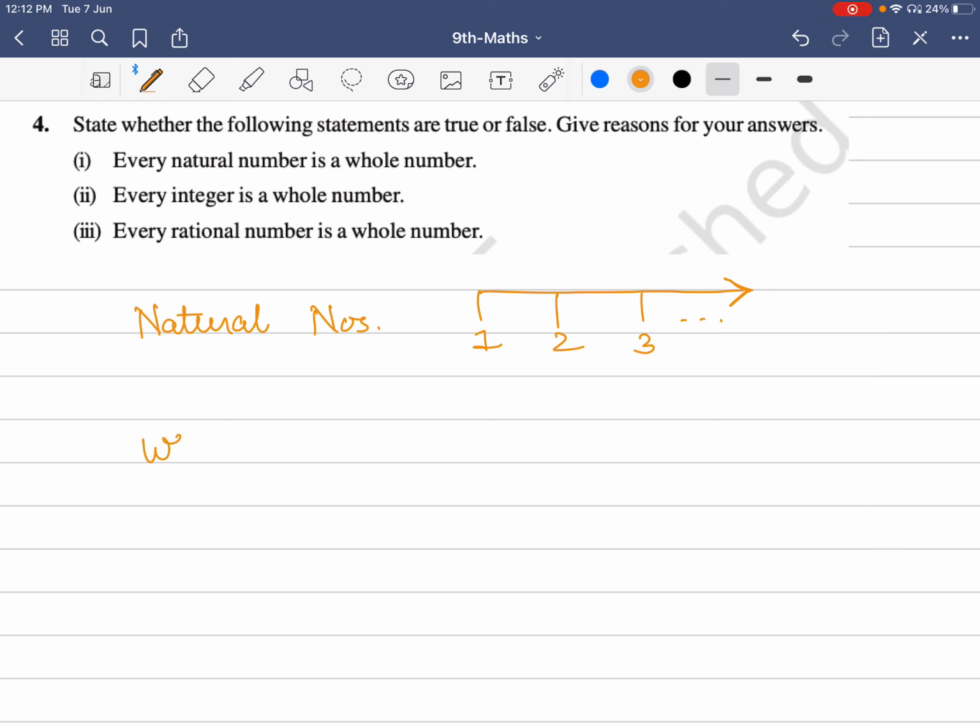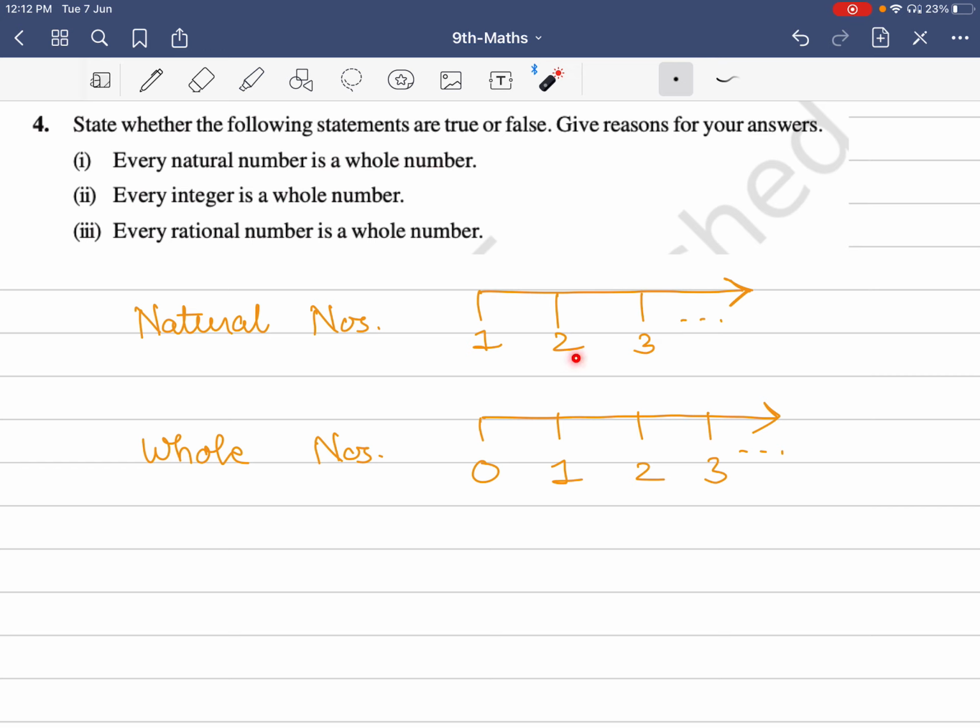Then let's list whole numbers. Whole numbers just include 0, the rest is all the same. So 0, 1, 2, 3, and so on. Now let's reread our statement. Every natural number on this number line is a whole number.